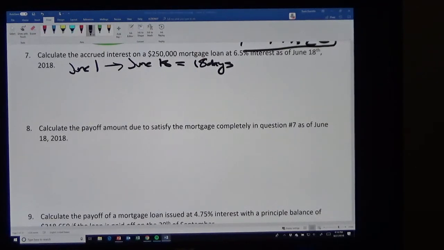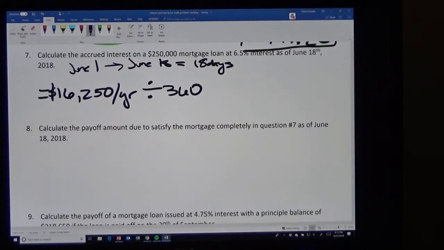So we've got a $250,000 mortgage times 6.5% interest. So that is $16,250 per year in annual interest. And then we divide that by 360 because we need to break it down to daily.